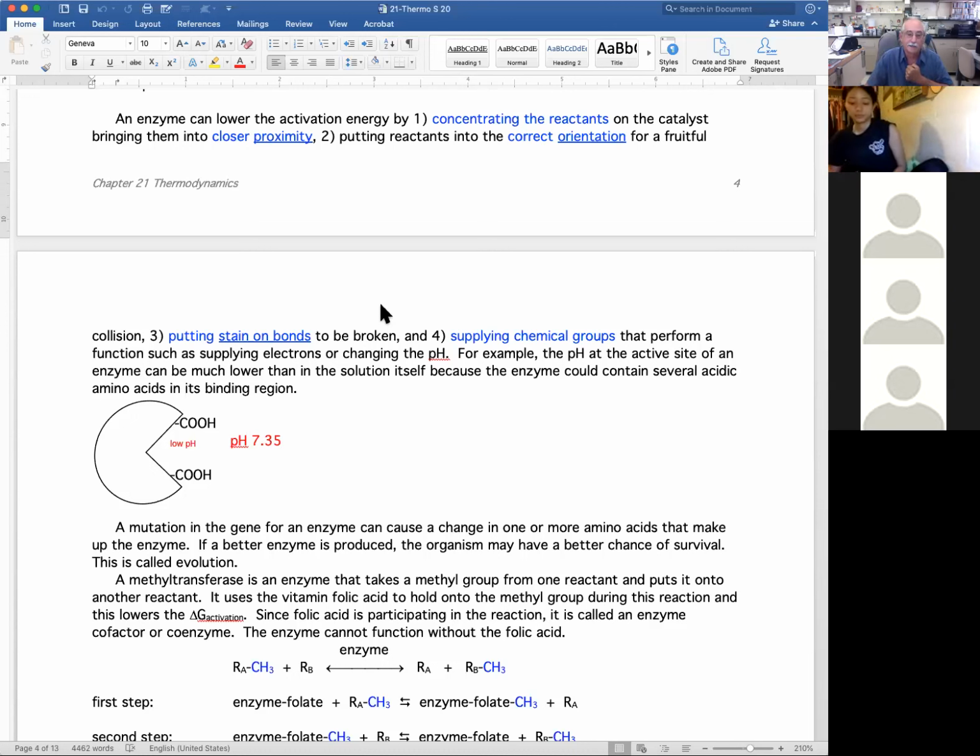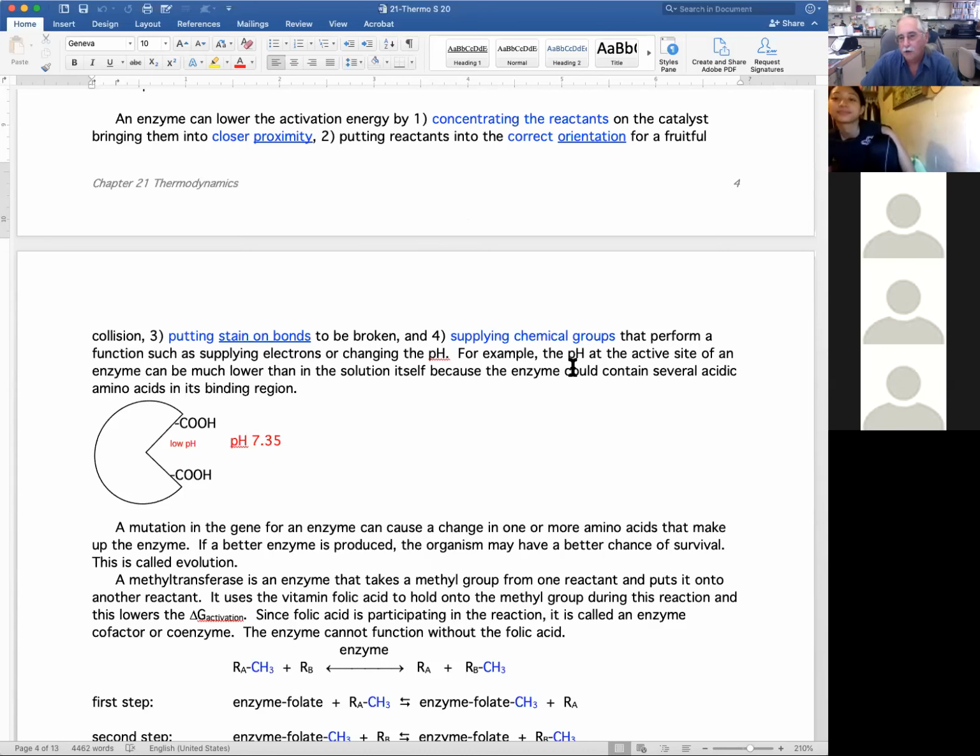So say it bonds to me, it goes through a conformational change. I also go through a conformational change. And that movement puts strain on the bonds to be broken. So these first three are in all the biochemistry textbooks. The fourth one I added because I don't know why they don't add this.